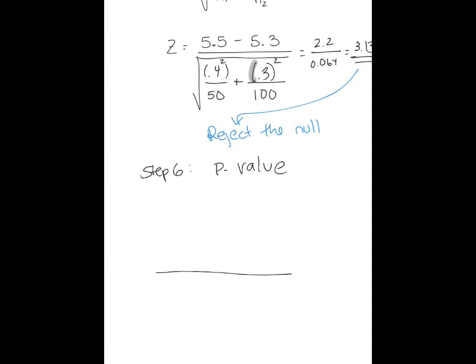Okay, and remember that the p-value is the area in the distribution that is greater than our z critical value. So this is 3.13, and what you'll notice is this is effectively bigger than our entire z table.